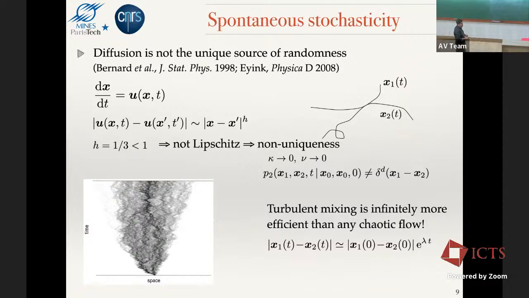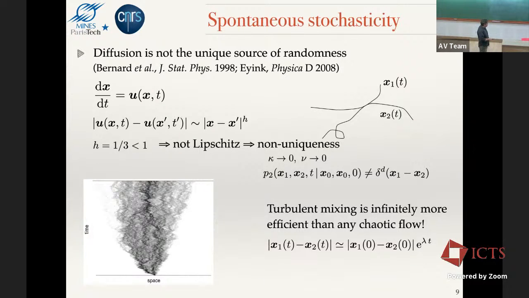If you think about that, this phenomenon is much more unpredictable, much more mixing than chaoticity. In a chaotic system, the separation at time t is something like the initial separation times exponential lambda t, where lambda is the Lyapunov exponent. Chaotic means that lambda is positive.